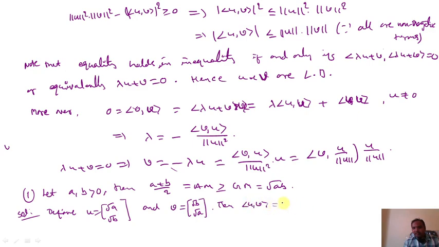This is u transpose v, which is √a into √b plus √b into √a, that is ab plus ba, so this is 2√(ab).